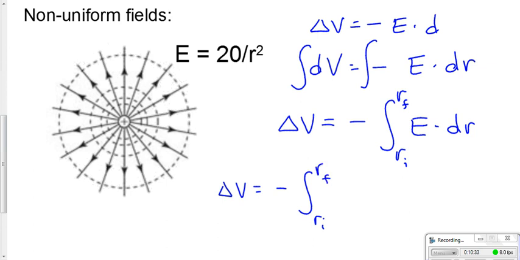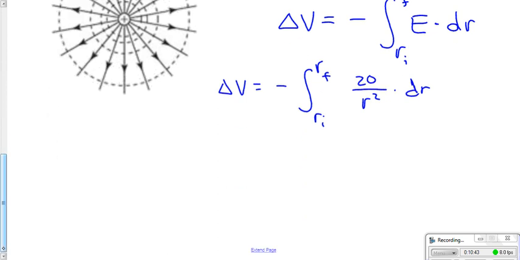We're just going to plug in the function for our E, so that's 20 over r squared dr. And hopefully you know your calculus well enough to be able to perform that antiderivative. That gives you 20 over r and a negative. That's the antiderivative. I always write mine in these little brackets. And then I evaluate that antiderivative at my upper bound and my lower bound.